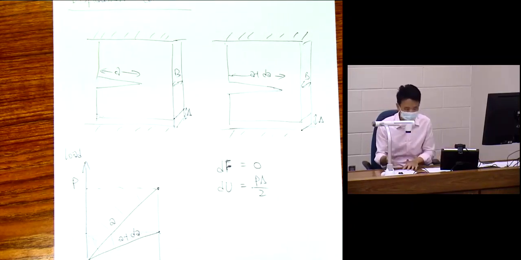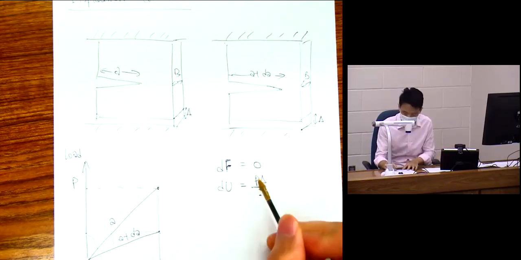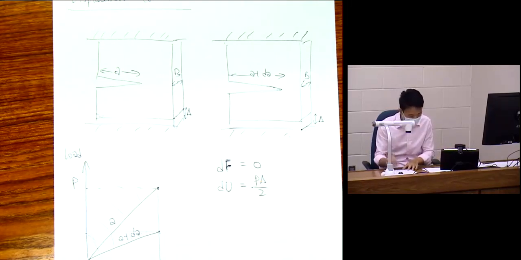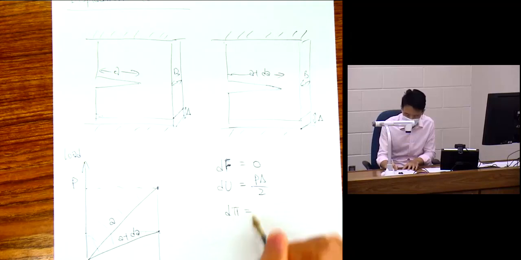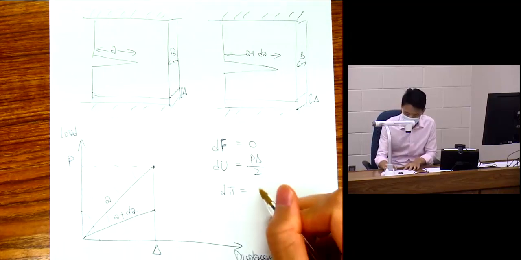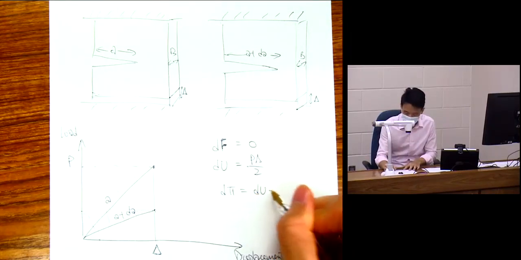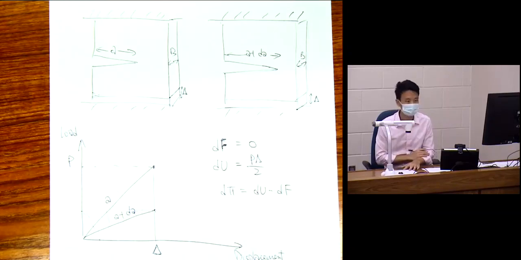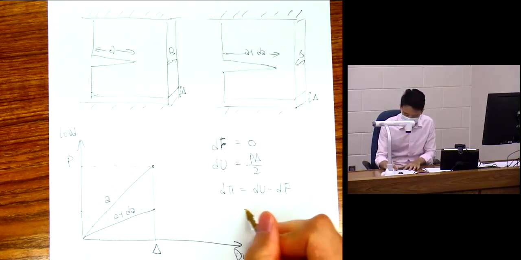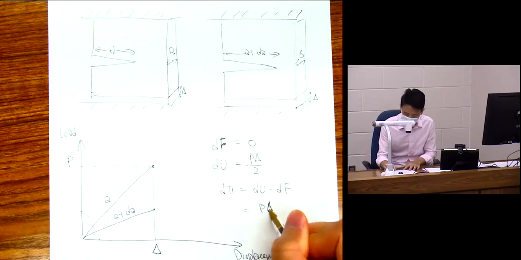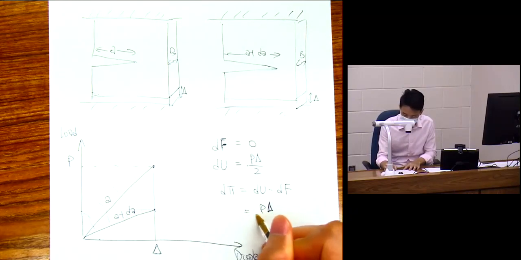You get the same result. It's going to be P delta, and therefore our d pi is going to be P delta over 2.